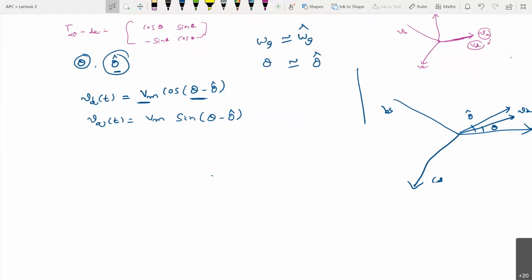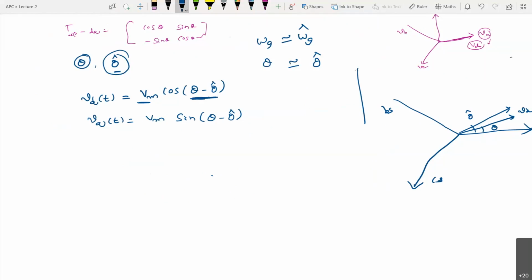So normally the difference between these two is very small, right? Agree? This theta grid and theta estimated by the PLL are almost the same.